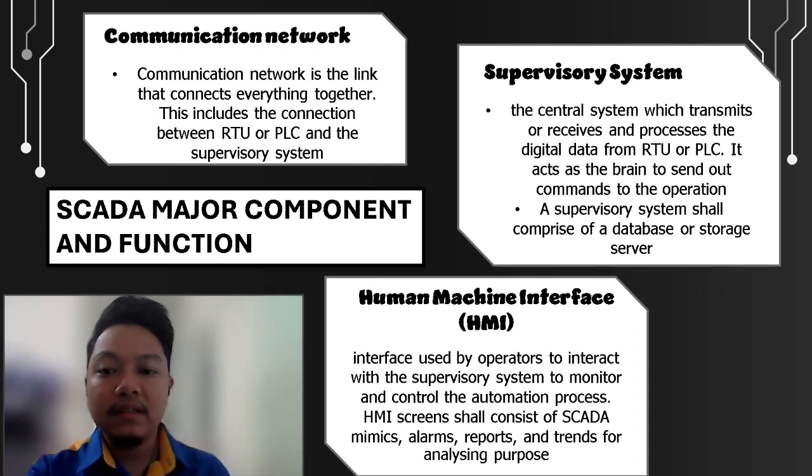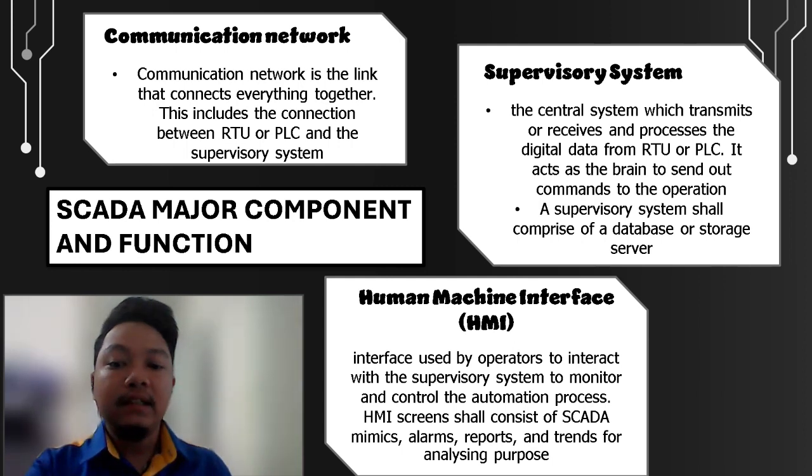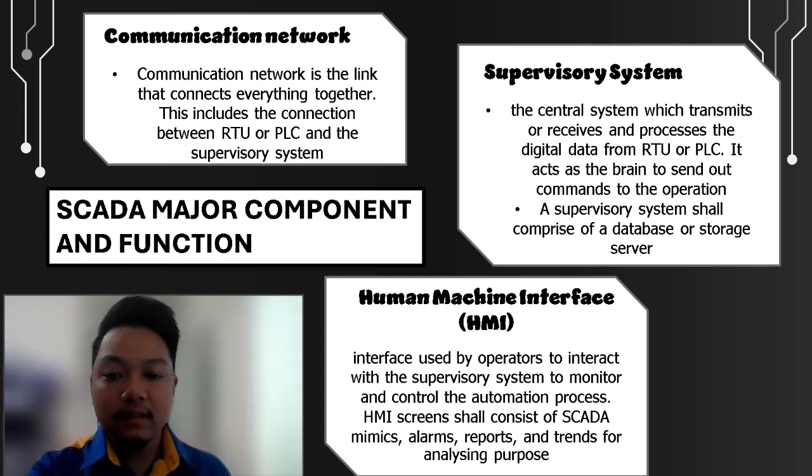A supervisory system shall comprise a database or storage server. And lastly is the HMI, human machine interface. It is the interface used by the operator to interact with the supervisory system to monitor and control the automation process. The HMI screen shall consist of SCADA mimics, alarms, reports and trends for analysis purposes.